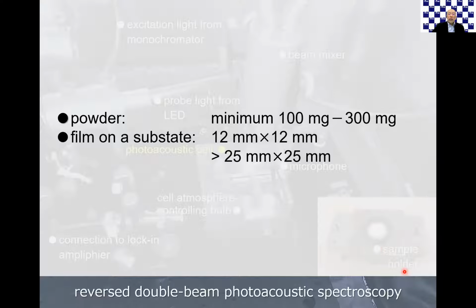So if you want to measure your sample, in powder form about 100 or 300 milligram, and the film something like this. The required thickness depends on the substrate and of course the sample itself.